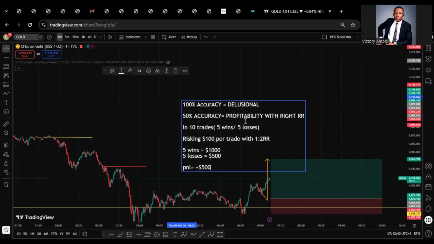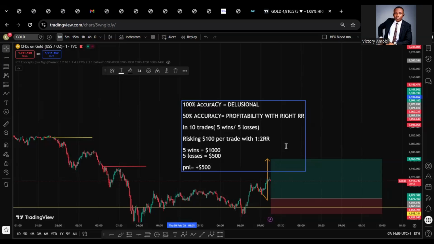With 50% accuracy. So if you're trying to chase 100% accuracy, you're almost delusional. In fact, you're saying that I'm way above having losses in the market, that I'm expected to be right 100% of the time. That can be you deceiving yourself as well, right? Because in these markets, wins and losses make the market what it is.